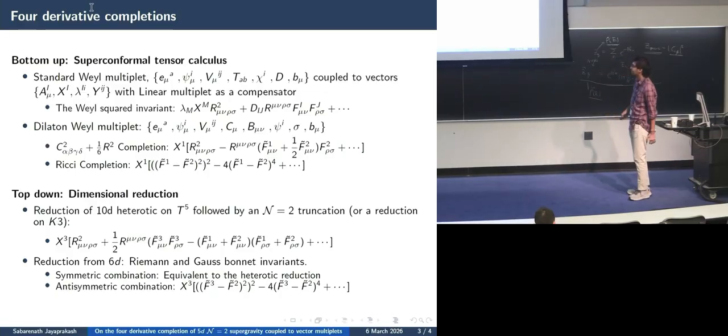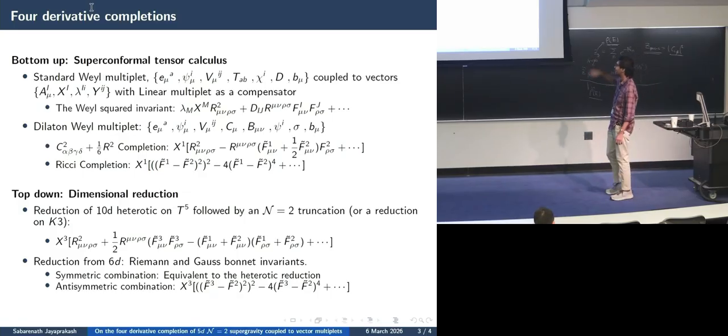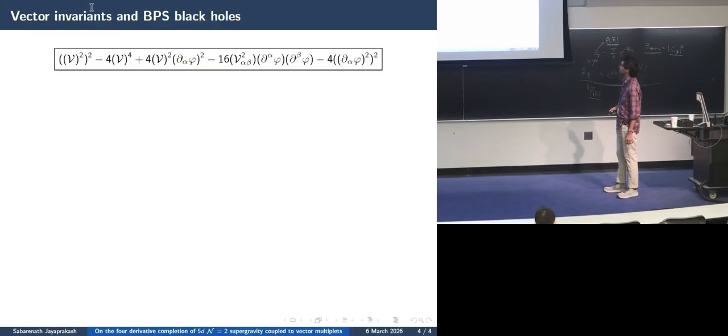Obviously there's going to be a lot of field redefinition freedom between these, and one would expect that if we go to a minimal field redefinition frame, many of them will agree with each other. It turns out that this is not the case: the invariants that have gravity differ from each other in terms of vector-only terms that look like this.